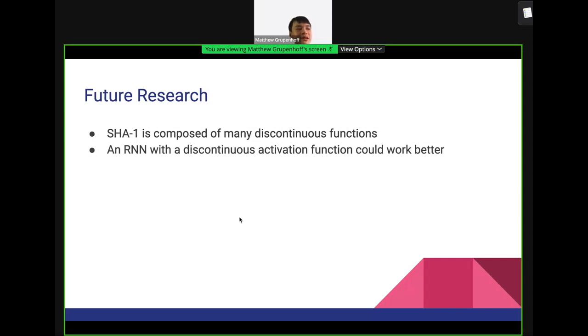One thing about all this is that SHA-1 actually has a lot of discontinuous functions in it, like left shifts and right shifts, and those aren't continuous because you have to cut some parts off of the number. So a different RNN that has a discontinuous activation function could work a lot better for this.